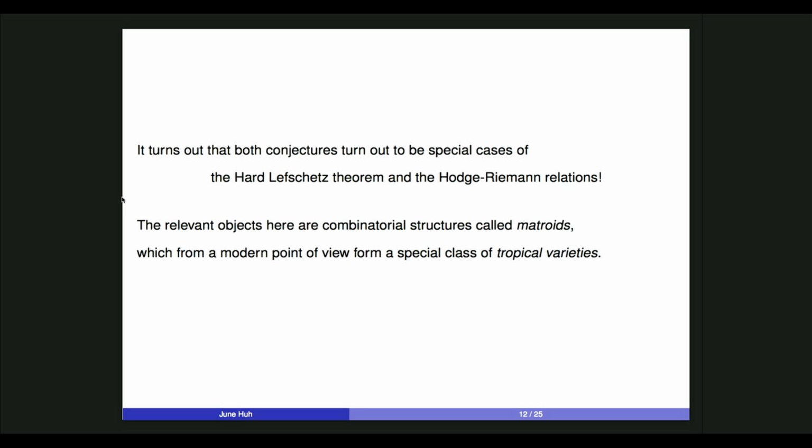So what is the object X that we are looking at here, really? The relevant object X here is a combinatorial structure called matroids, which I called geometric lattices in the previous lecture. This combinatorial structure, which is an old subject, is from a modern point of view a very special class of tropical varieties.